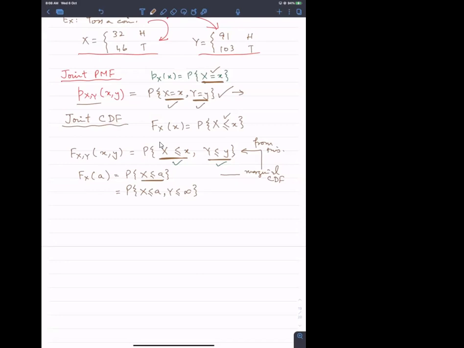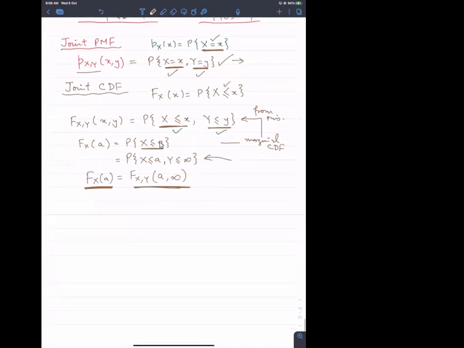Okay. So this is called our joint CDF, and this is capital F of x comma y evaluated at a comma infinity. So this is giving you the marginal CDF of x from the joint CDF of x and y.